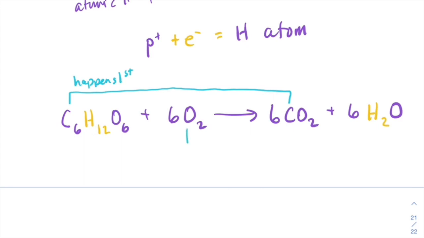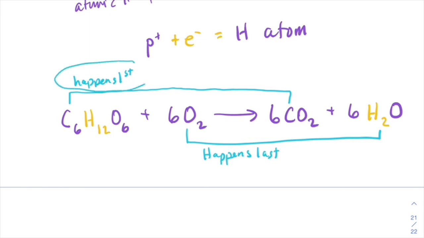And then we connected the other two here, and we were like, it happens last. This part up here that happens first, C6H12O6, glucose, becoming CO2. Is this an oxidation or is it a reduction?